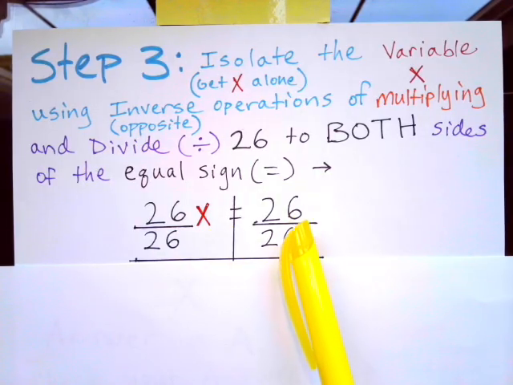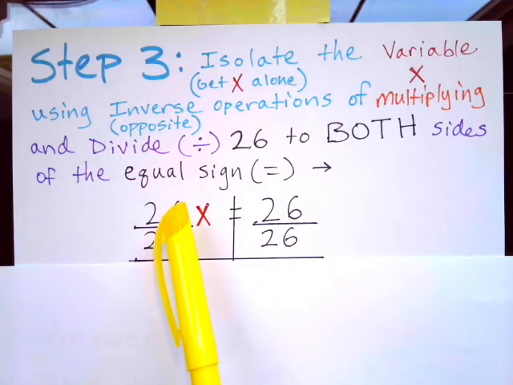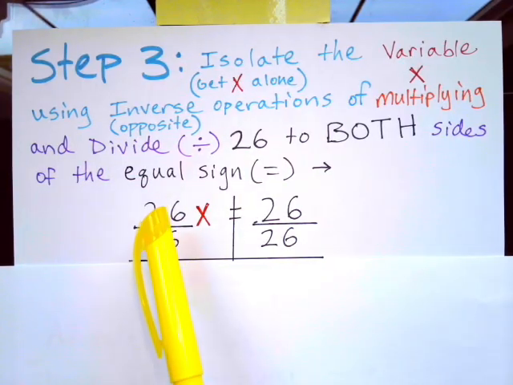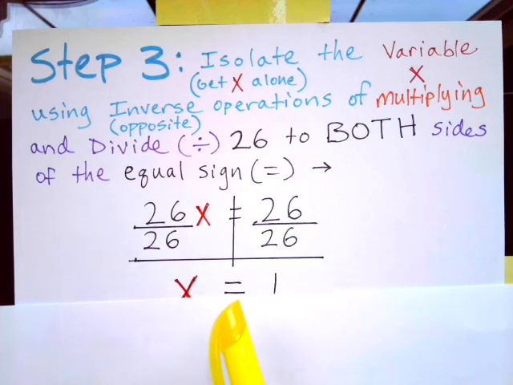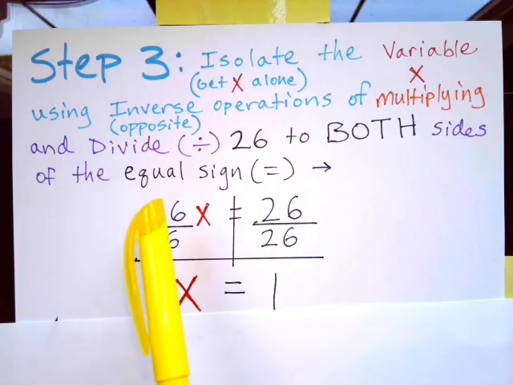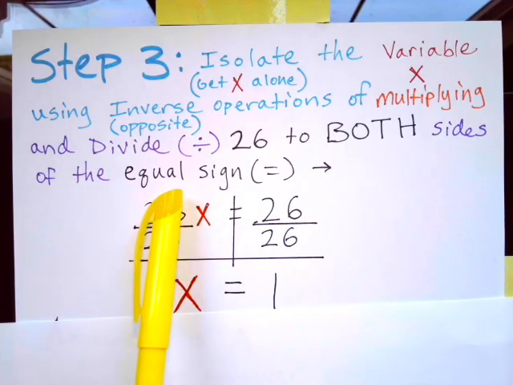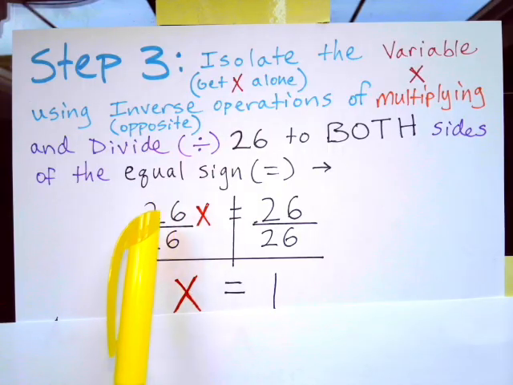So I'm going to divide 26 by 26, right? Anything over itself, 26 over 26, 100 over 100, 1,000 over 1,000, is equal to 1. That's that invisible 1x. Our whole goal was to get x all by itself. That's why we did the inverse of multiplying, which is dividing.